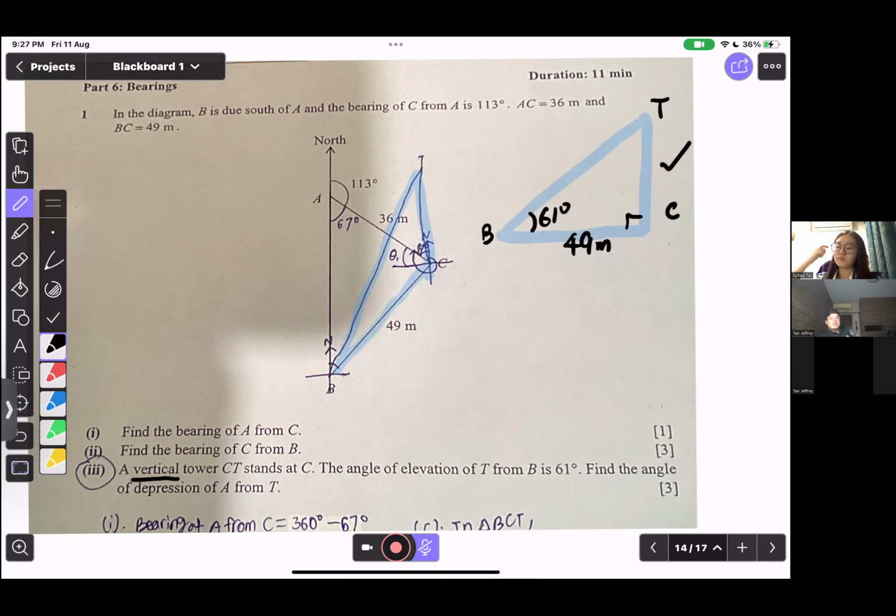T is the end of the line. So the idea is to use the blue triangle to find CT.